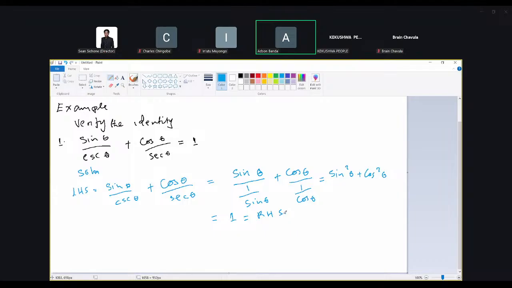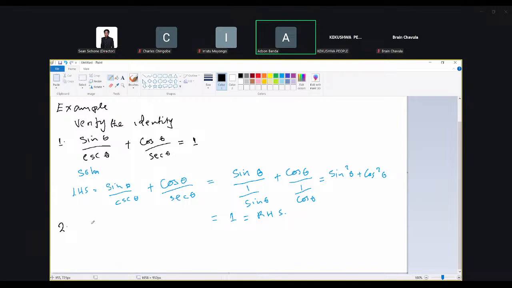Is there any question on this one? Is this okay, or is this clear, or is there anything that we can clarify? Okay. If there is nothing, then we can go to the second example.